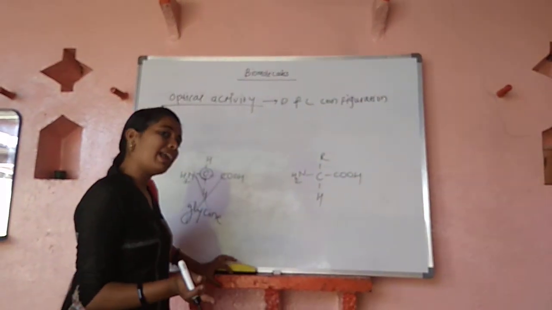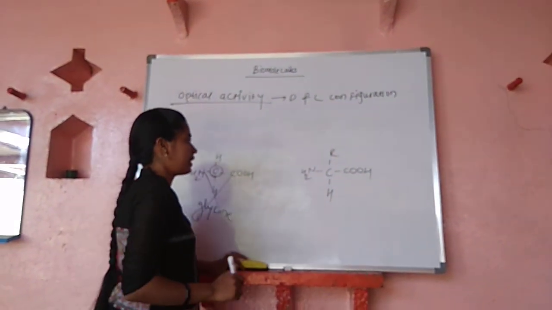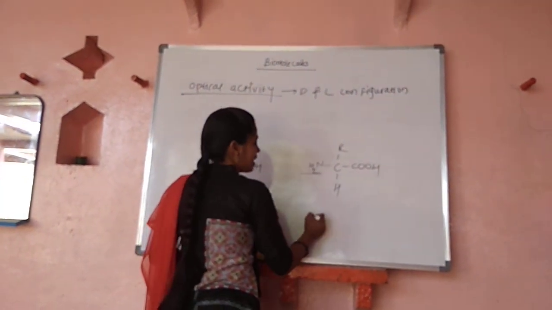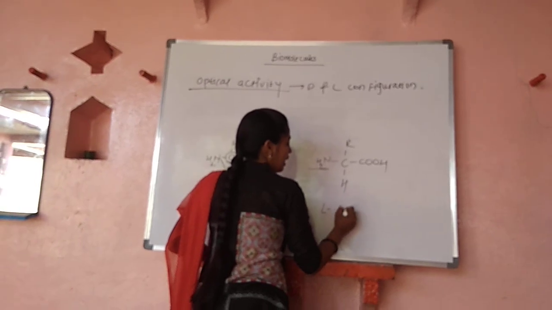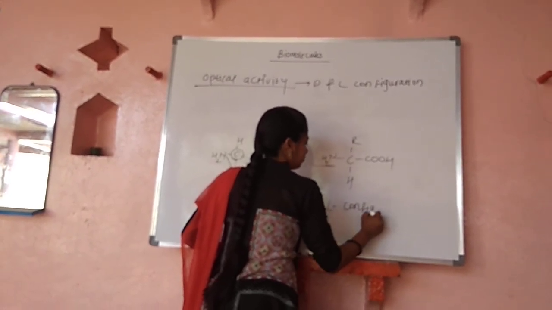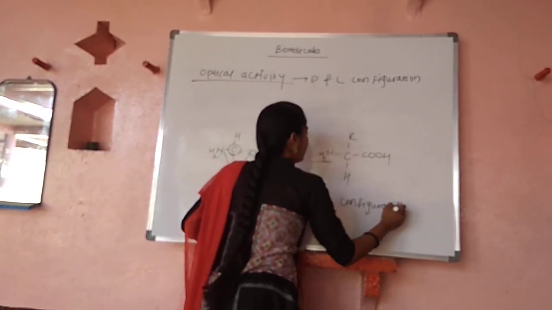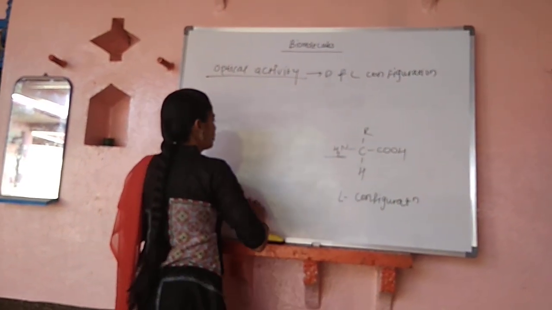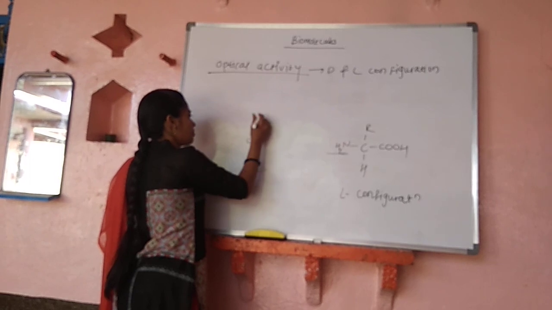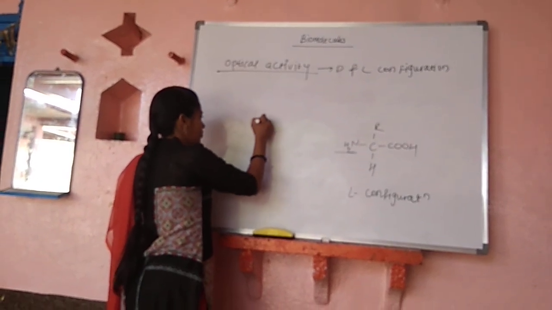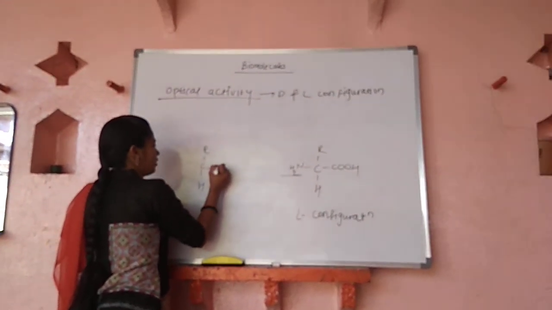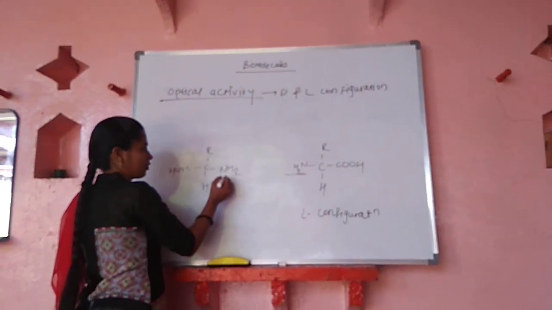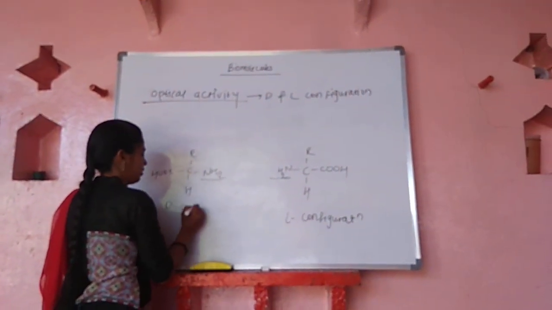If the amino acid has the amine group on the left hand side, it shows L configuration. And when the amine group is on the right hand side of the asymmetric carbon atom, then it shows D configuration.